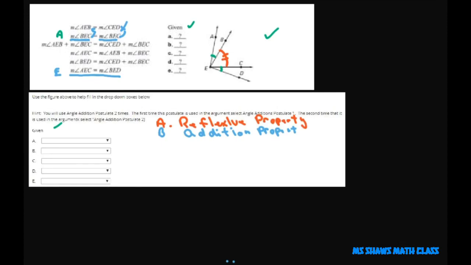Now what I'm going to do is subtract angles. Well, I'm going to do the angle addition postulate.